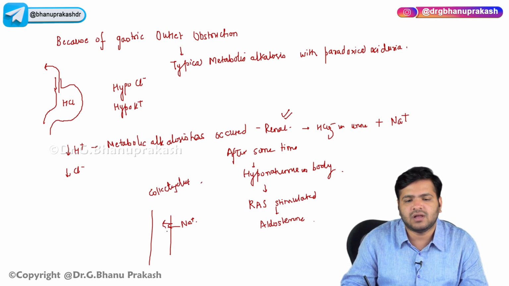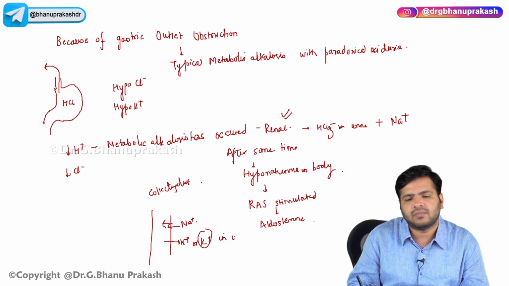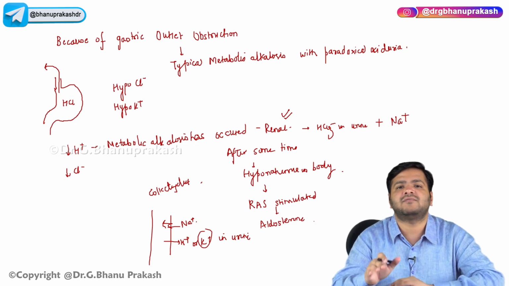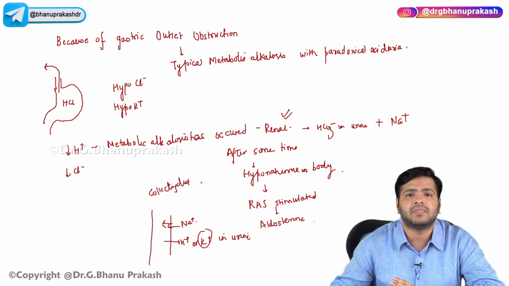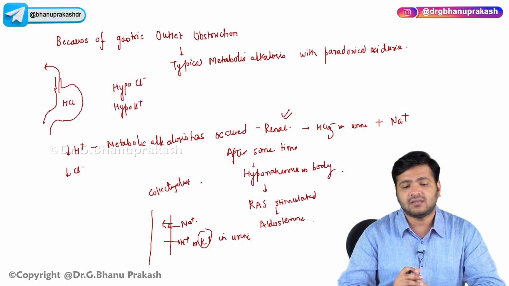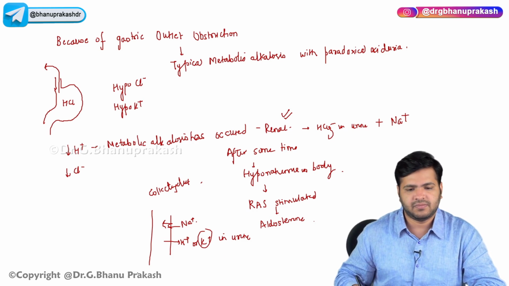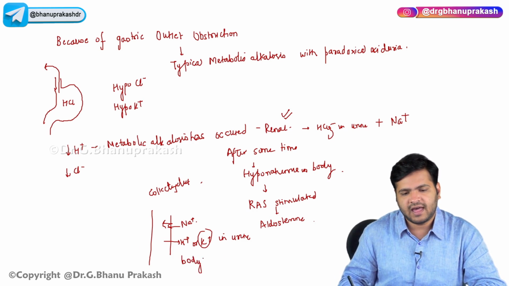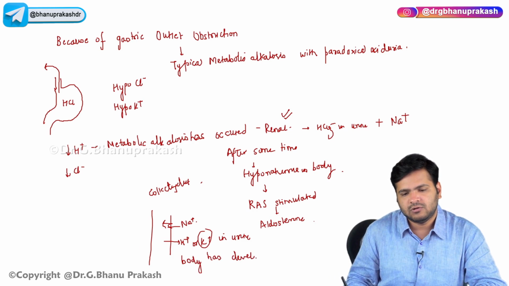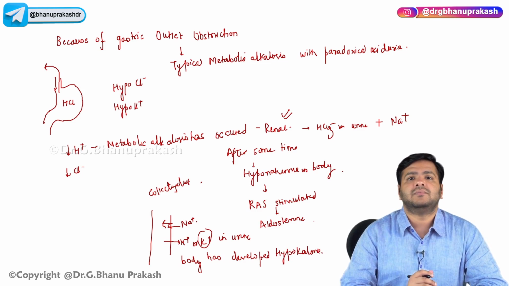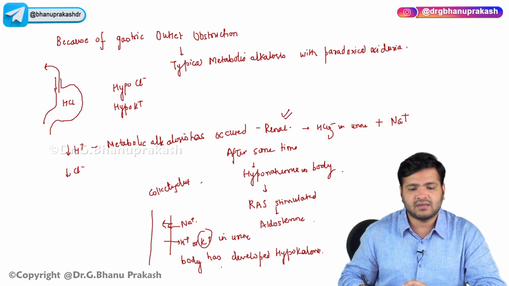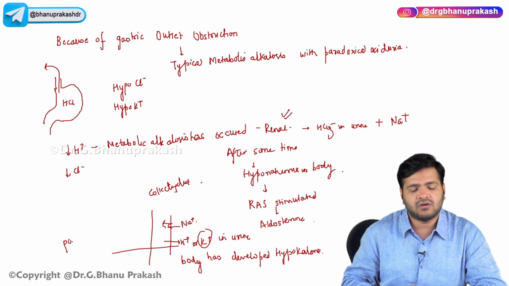And as soon as the sodium comes in, the H plus or K plus will be, compensatory K plus will be coming in the urine. The K plus is the first that will come in the urine, right? So now you can see that the body has developed hypokalemia, okay? And it also starts secreting H plus, so that is paradoxical aciduria.